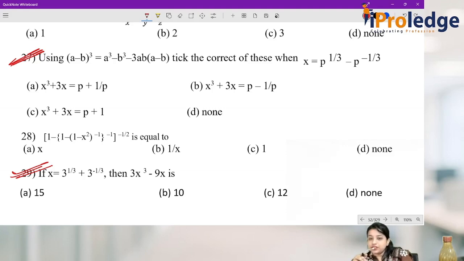X equal to p to the power of 1 by 3 minus p to the power of minus 1 by 3. And you have the a minus b whole cube formula.